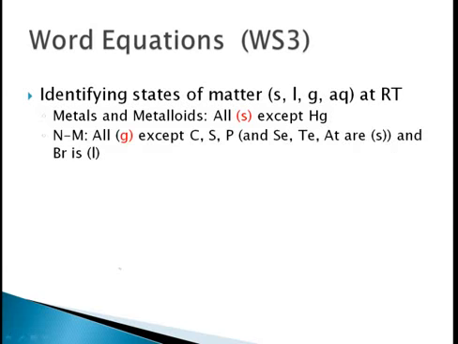Nonmetals are mostly gases, and in our periodic table in our classroom you can tell because they're in red, but there are a few that you need to know. For instance, carbon is really what we call lead in a pencil. That's really carbon. Carbon is black. It's also ash, so it's black. It's a solid.